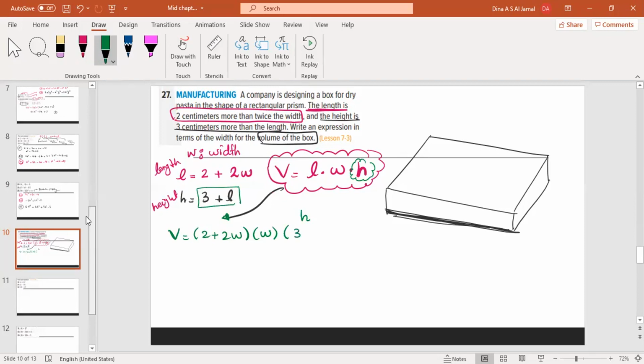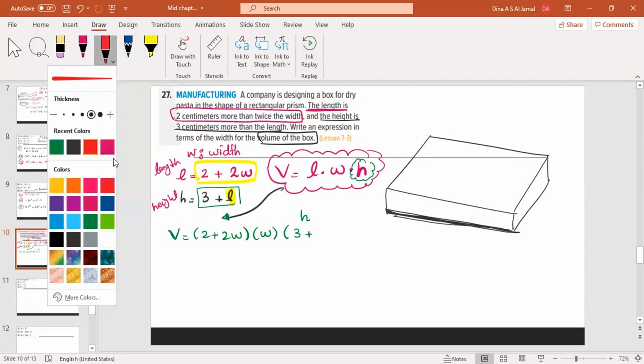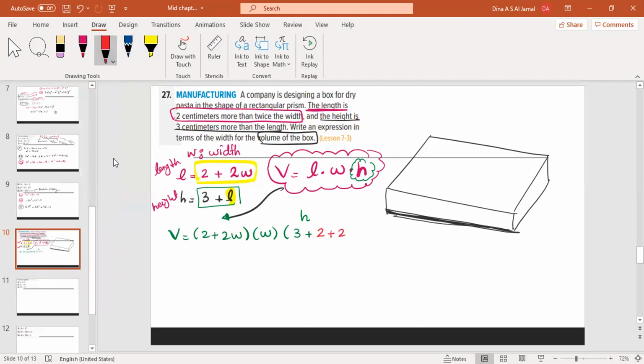So 3 plus, what was your length already? Pay attention. Your length was 2 plus 2w. So you will be putting 2 plus 2w to make everything in terms of the width. So V will be equal to 2 plus 2w by the width by 5 plus 2w.